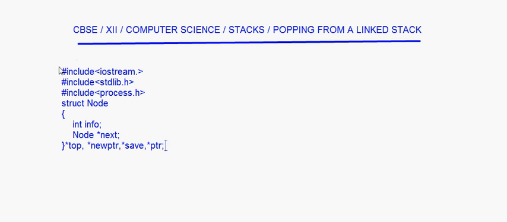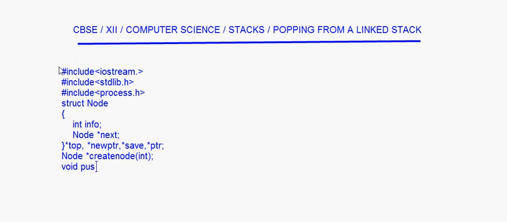So when you are writing the whole program, the whole program will have push as well as pop. But now we will concentrate on the pop function, since we have already looked at the push function earlier, right? So now the prototypes, I'll write the prototypes again. Node pointer, create node, and here you pass the integer information, right?